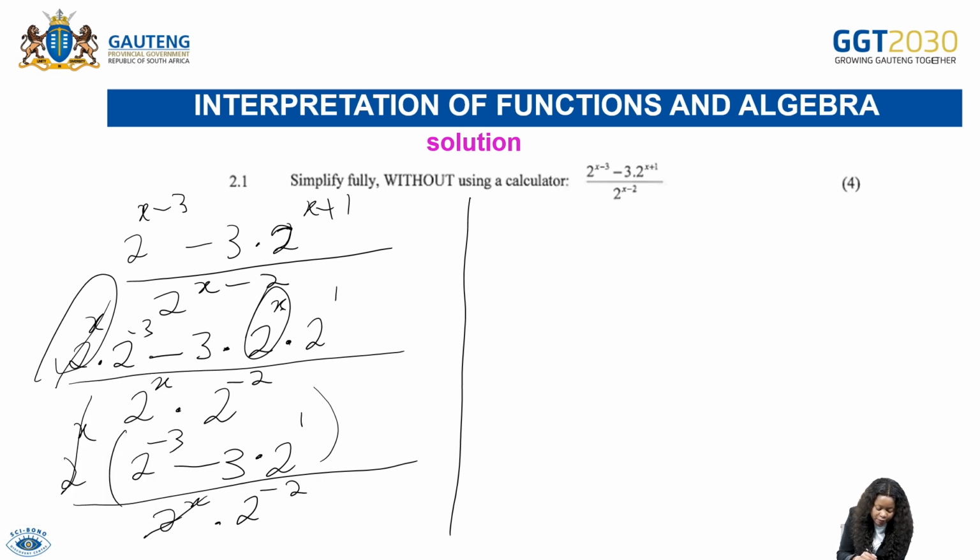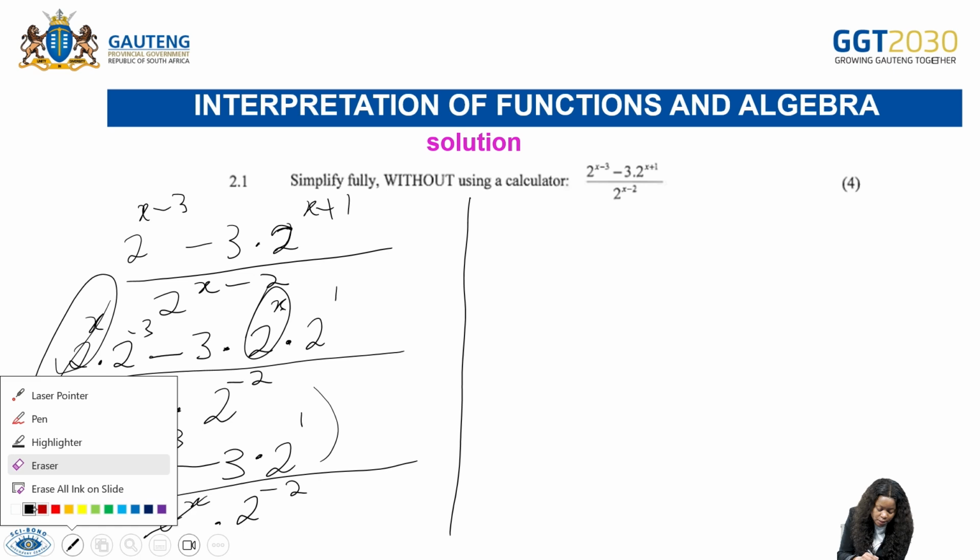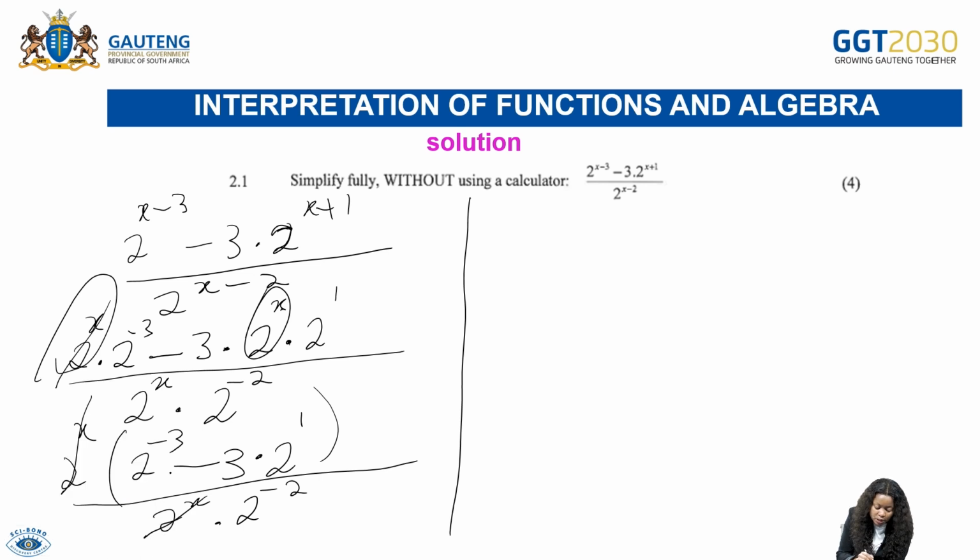Because I won't have enough space, let me just get to the point. So here the 2 to the exponent negative 3, I can write it as 1 all over 8, so that I don't confuse you. Because I'm sure you're asking yourself, where is the 8 coming from?